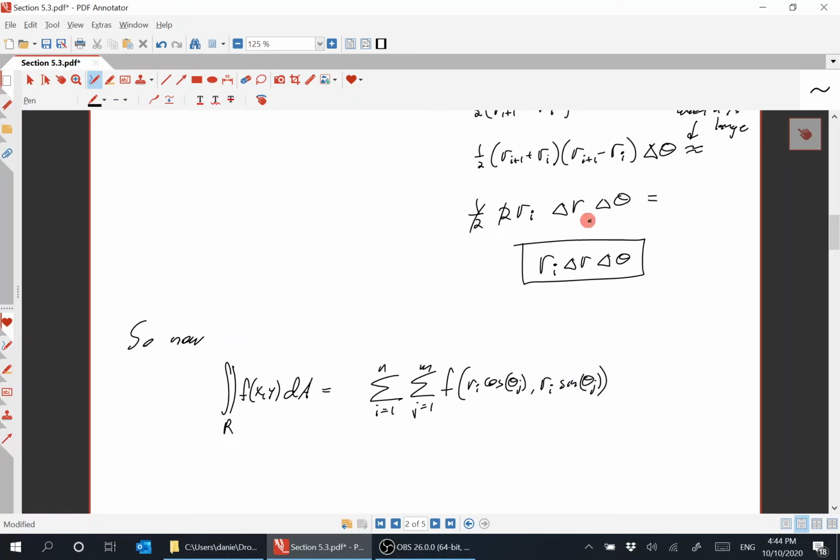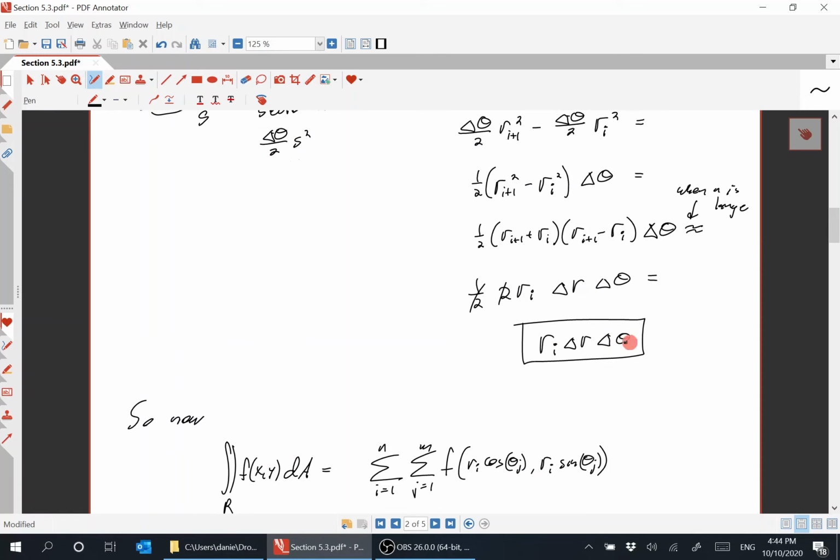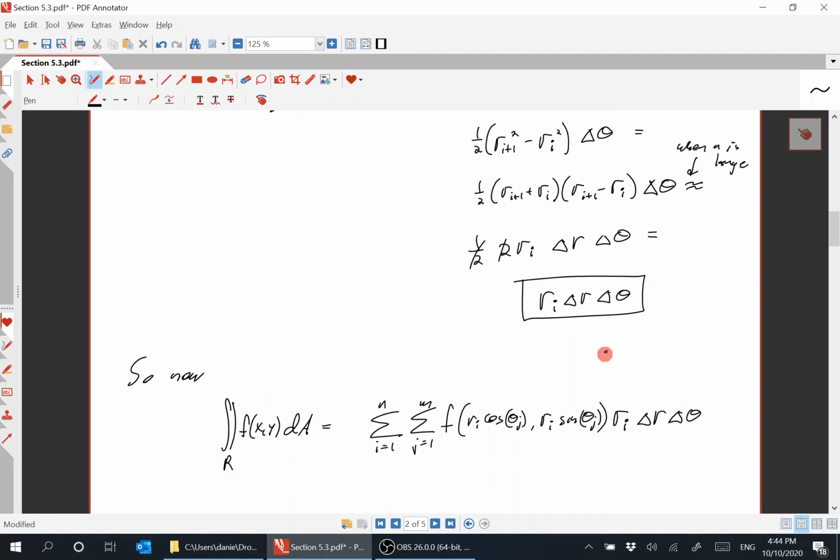And then the area of that little polar rectangle is R_i delta R delta theta, approximately.